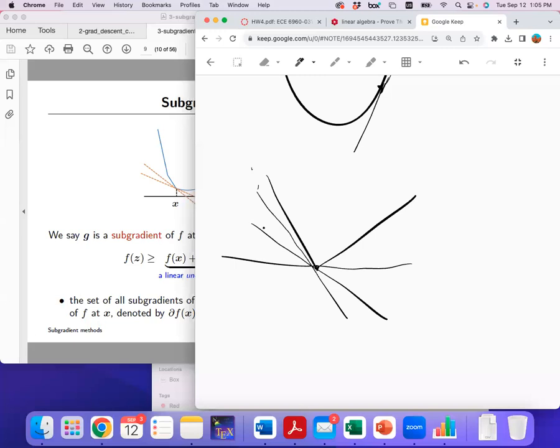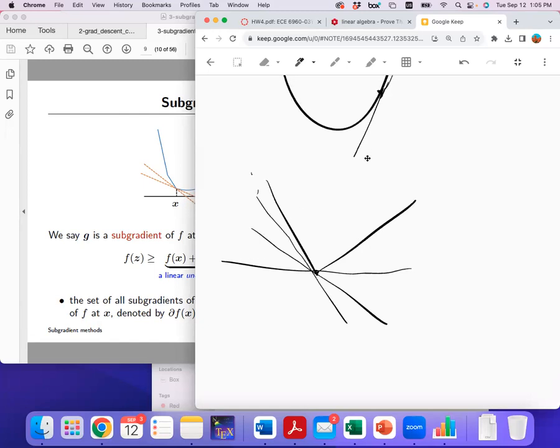Okay. So that is the intuition, right? At that point, if you can find multiple supporting hyperplanes of the function, then the slopes of those hyperplanes, we call them the subgradient. So subgradient is a set. It is not a single element. It is a set.